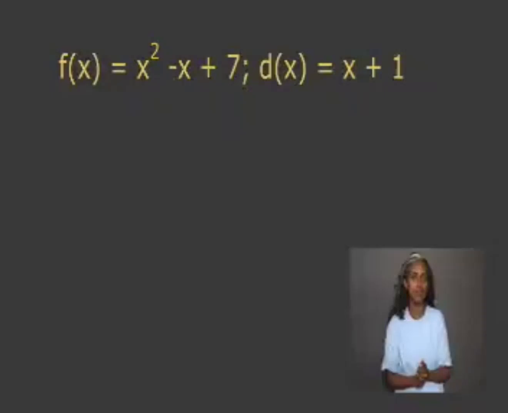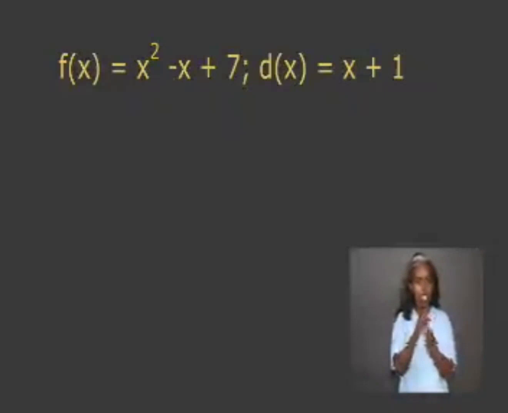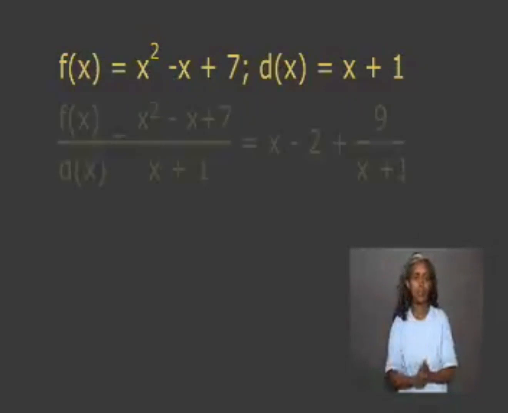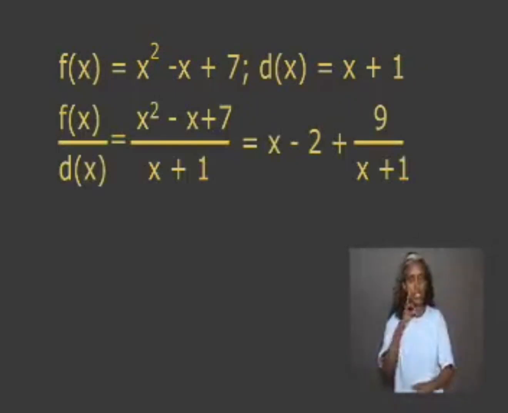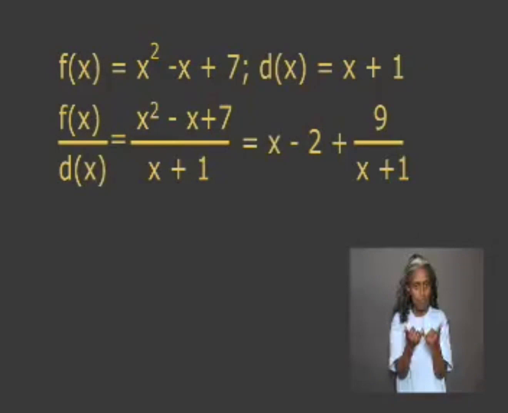If you remember, f of x was x squared minus x plus 7. d of x was x plus 1. The polynomial division theorem states that f of x divided by d of x is equal to x minus 2 plus 9 over x plus 1.